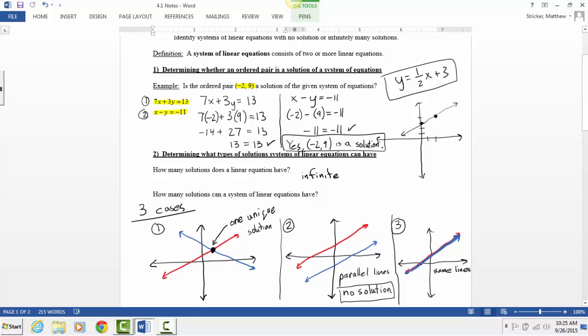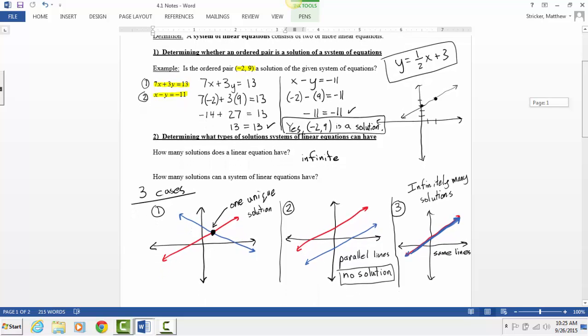Hopefully you're thinking an infinite number of times. And in this case, there are infinitely many solutions. So just to review, we can have one unique solution, we can have no solution with parallel lines, or if both lines are the same line, there's infinitely many solutions.